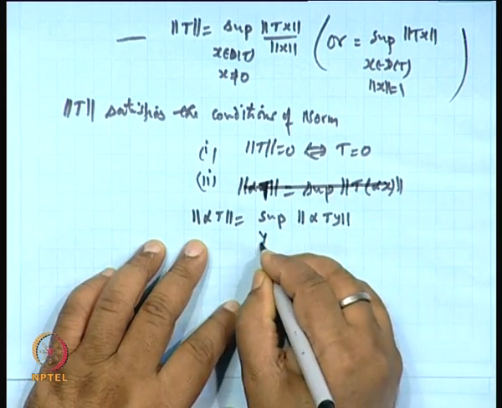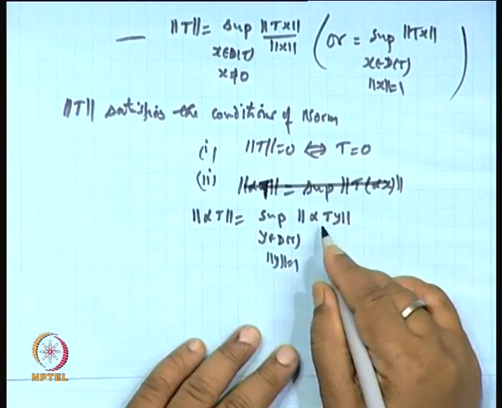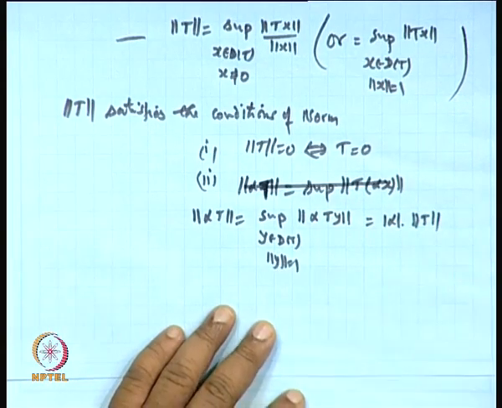I am taking the second definition, y in D(T), norm y equal to 1, but alpha can be taken outside and we get mod alpha norm of T.